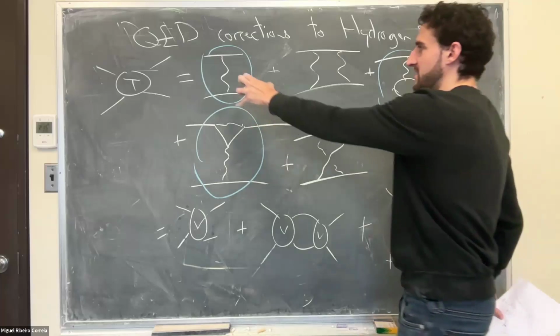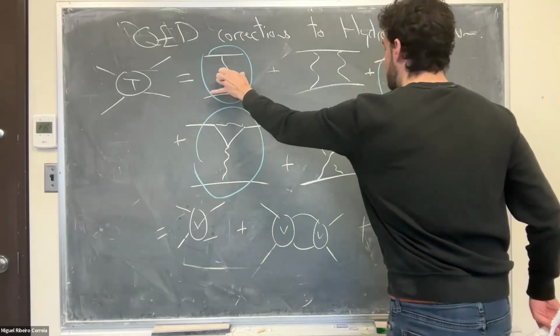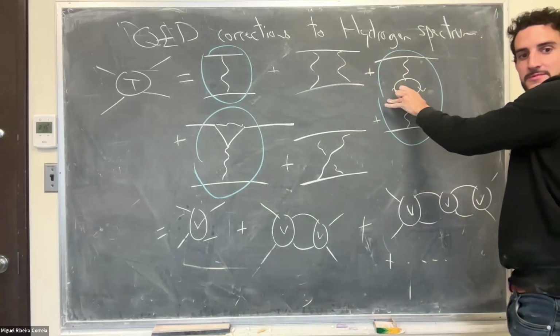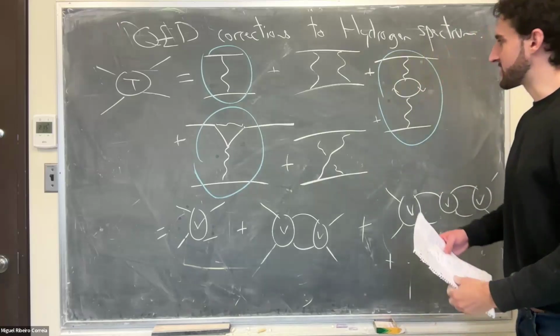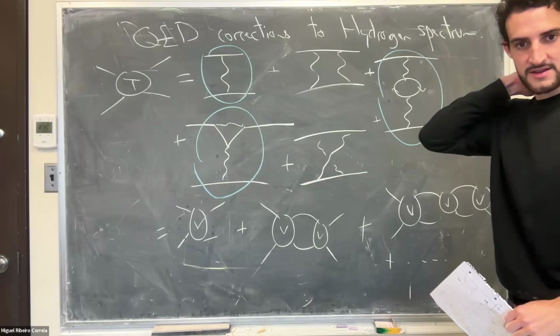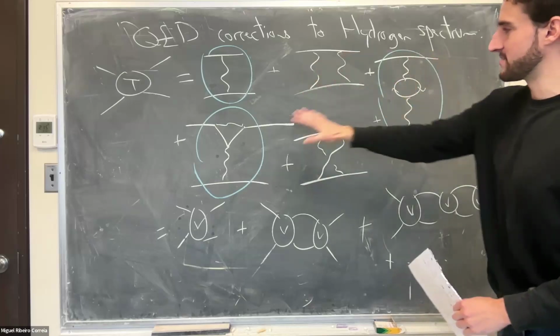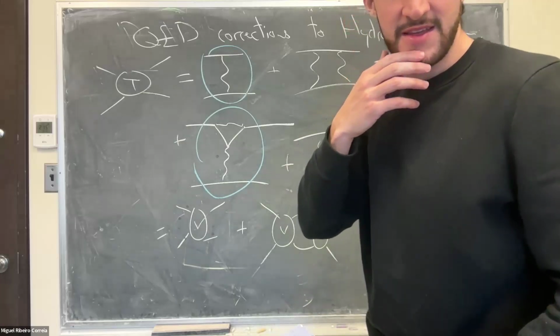Okay, so your potential gets corrections. You have this Coulomb piece, but you have also the vacuum polarization piece, you also have this other piece, and then you can use it to correct the energy levels of the hydrogen atom, and these two contribute to the famous Lamb shift, right?